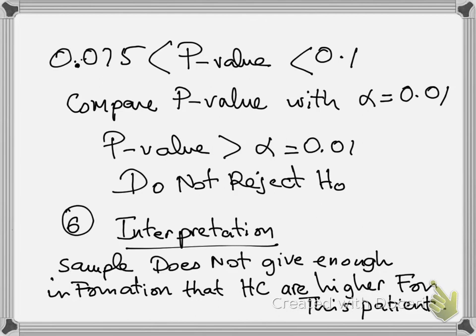Okay, so we do not reject the H0. So there's not enough evidence that the hemoglobin count average for this patient is higher than the 14.